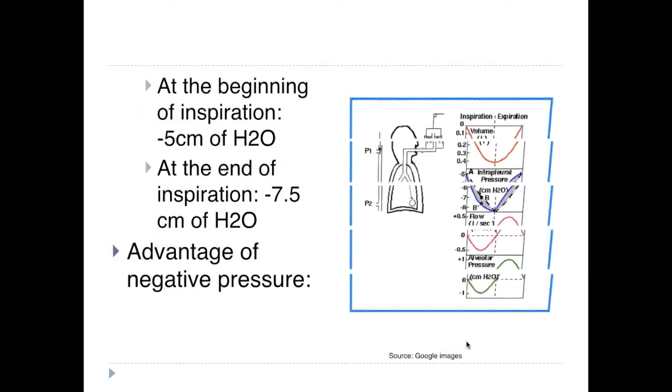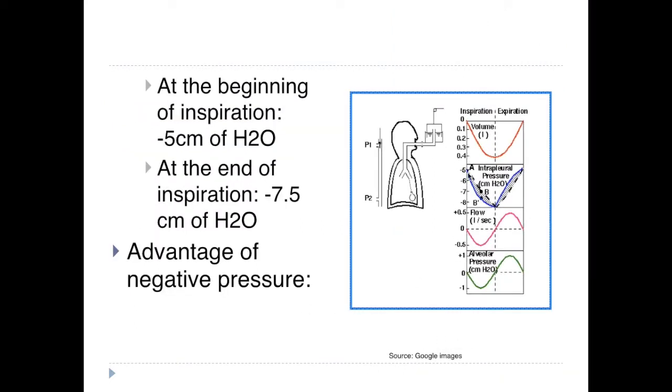Now, at the beginning of inspiration, here you can see, this intrapleural pressure is -5 centimeter of water. And during inspiration, due to expansion of the chest wall, the pleural pressure becomes more negative.